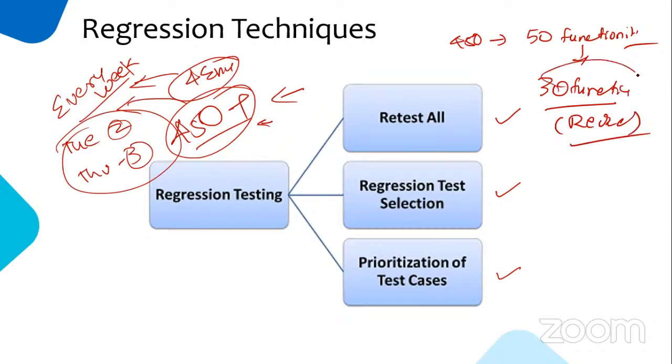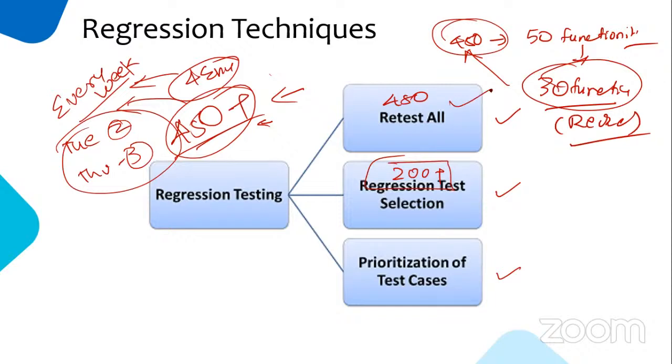Based on these 30 functionalities, I will choose the test cases. So these 450, trust me, will come down to 200 plus. My automation was for these 200 plus test cases only. Manual also 200 only, because we will not test all 450, it's not at all needed.